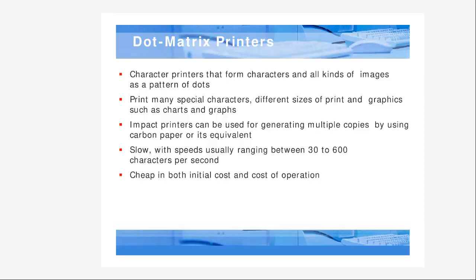Impact printer: I already told you the difference between impact printer and non-impact printer. So the dot matrix printer is called what? Impact printer. Why? Because it creates some noise, which means it uses a hammer striking on the paper.